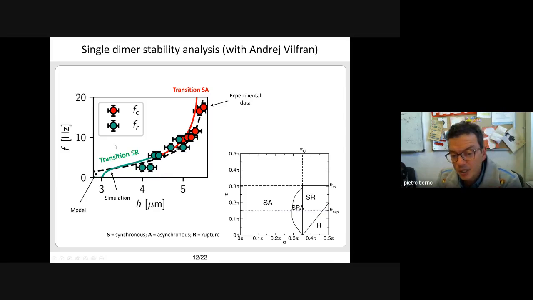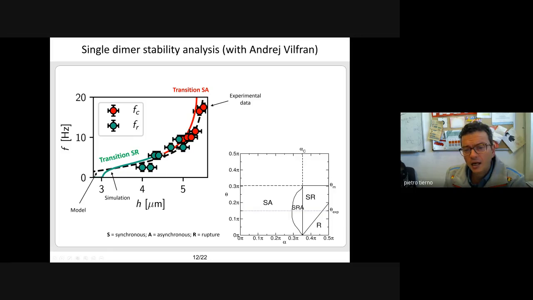So you can see that there is a very nice matching. The experimental data is the scattered points. Then we have the model, that is the dashed line, and the simulation, that is the continuous line that changes colors.